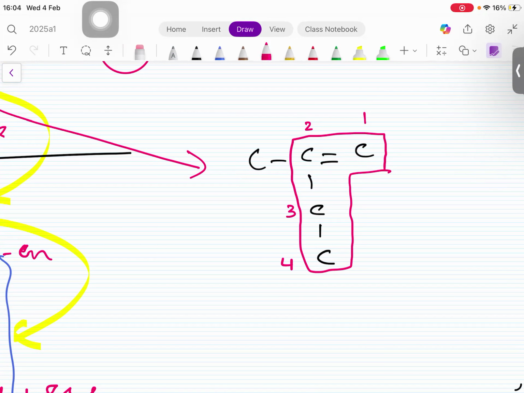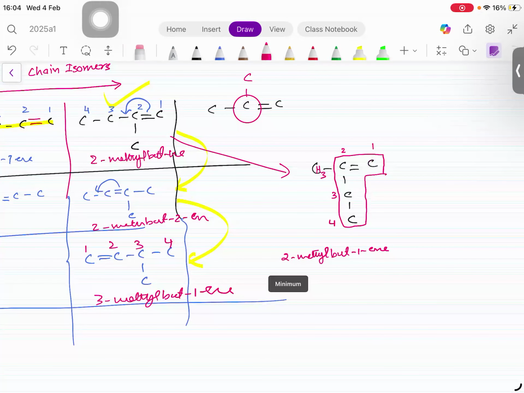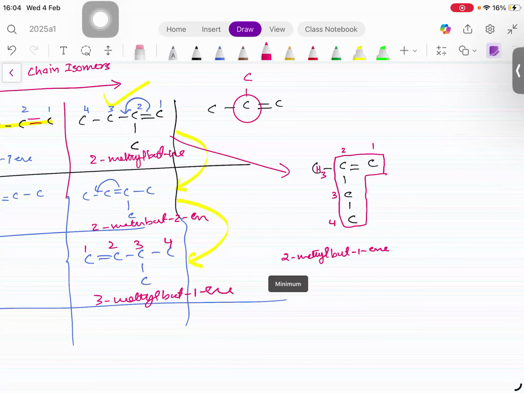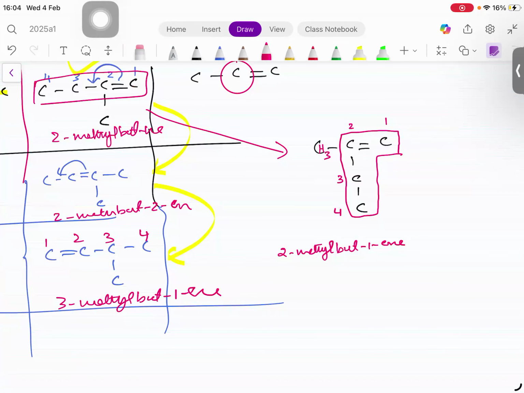So it's a butene, which butene? But-1-ene, and is there any branch? At which carbon? Number 2, which is CH3. So it is 2-methylbut-1-ene, which is already there. It is also the 2-methylbut-1-ene, this one.